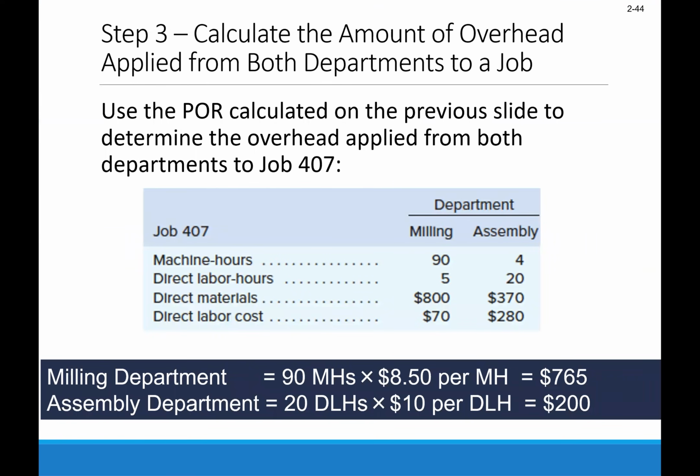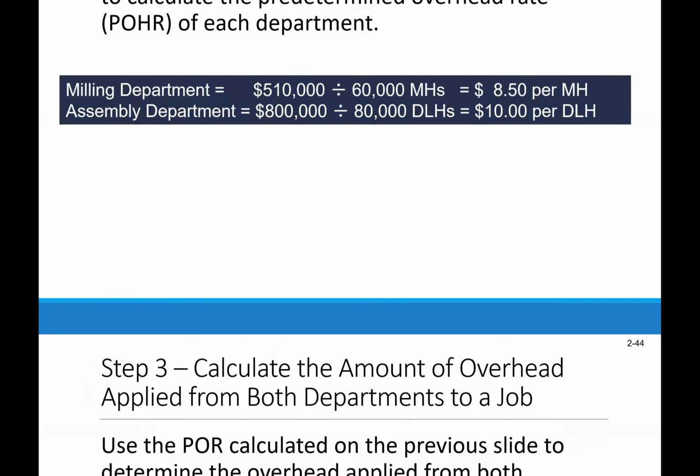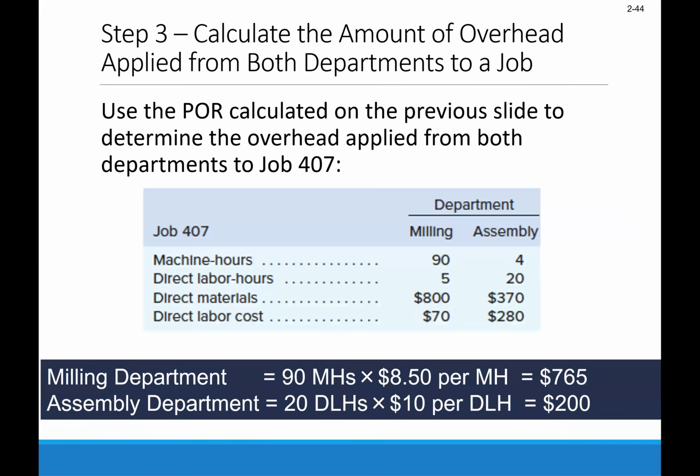Now we'll calculate the amount of overhead applied from both of the departments to a specific job. We're going to use the predetermined overhead rates that we calculated here, the 850 and the 10, to determine the overhead applied from both departments to job 407.